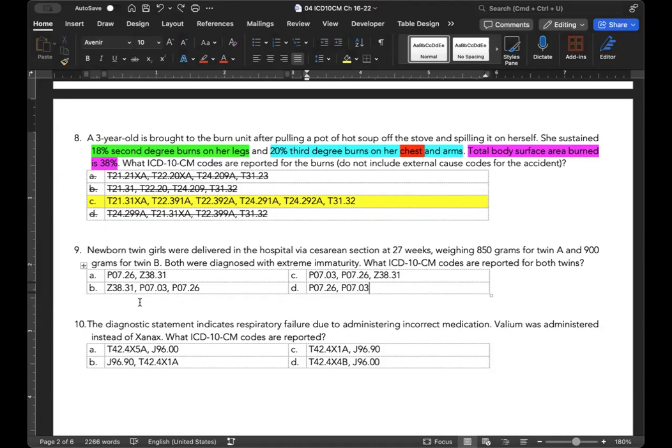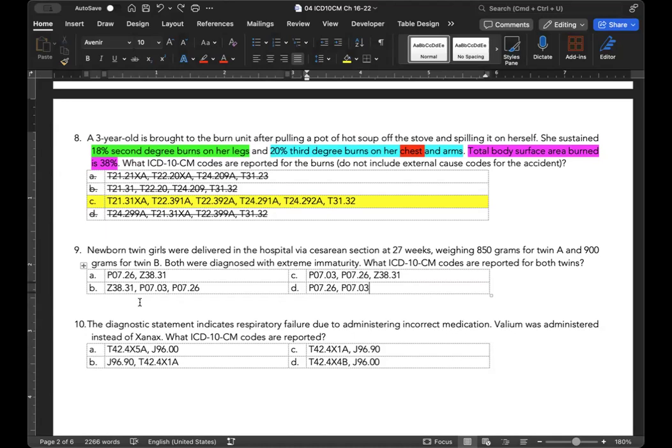And if you have the AAPC version of the 2024 ICD-10-CM, you look all the way at the top of that column, it says this category is for use as the principal code on the initial record of a newborn baby, and it is to be used for the initial birth record only.